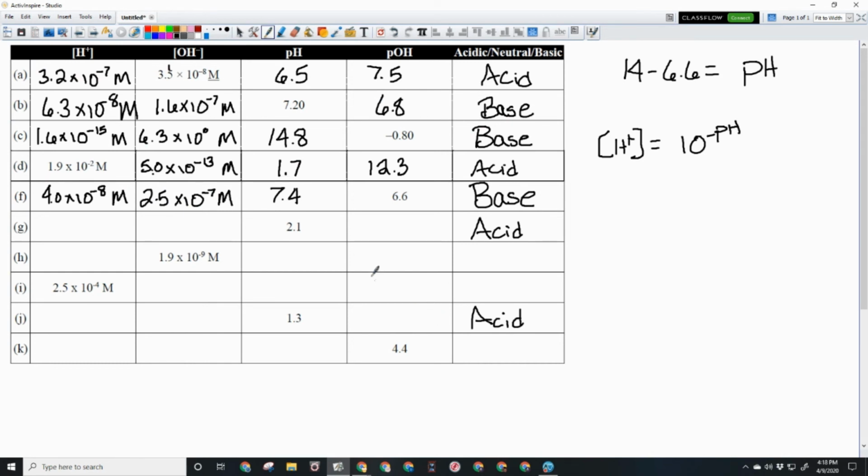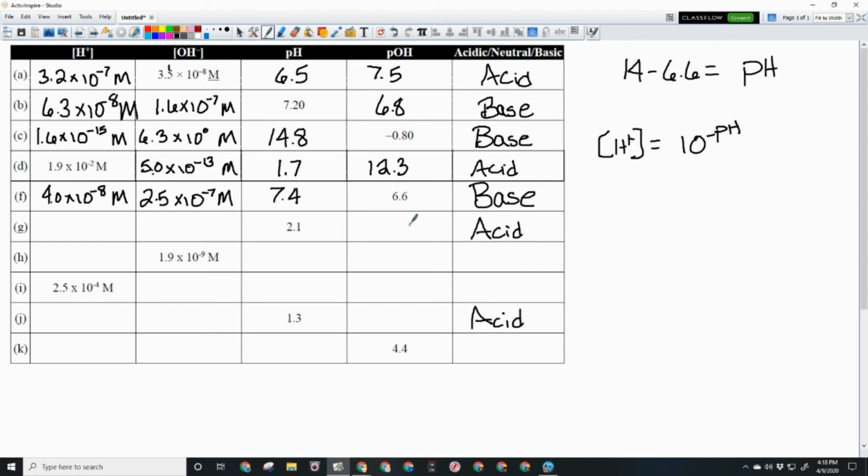Okay, let's do one more. I'm going to do one more, this one here, because I'm going to save some for you to calculate on your own so that you can make sure that you know how to do this. All right, so 2.1 we said was below 7, so that's an acid. So what is the pOH?